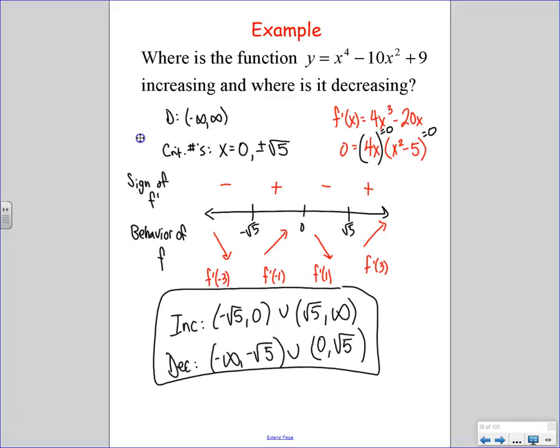If it's a domain problem like the vertical asymptote, we have to leave it open. It's not even existing there. So the only time we would ever close this is if they gave us some sort of funky graph where an endpoint was a place where the derivative was negative, or the endpoint was a place where the derivative was positive. Then I'd have to close it and say, well, the derivative is negative there, or the derivative is positive there. But when I'm doing it, I'm using critical numbers and domain to split up, and they need to stay open. Does that make sense, Heidi?